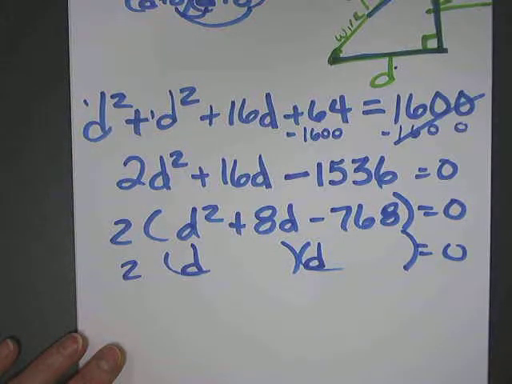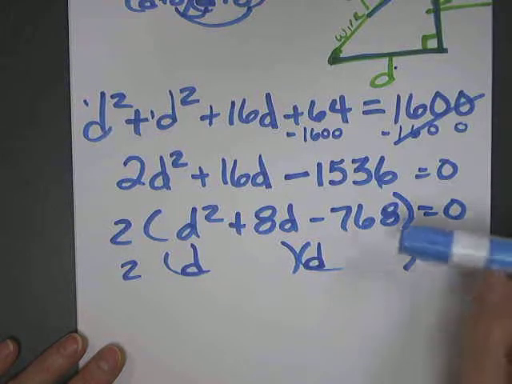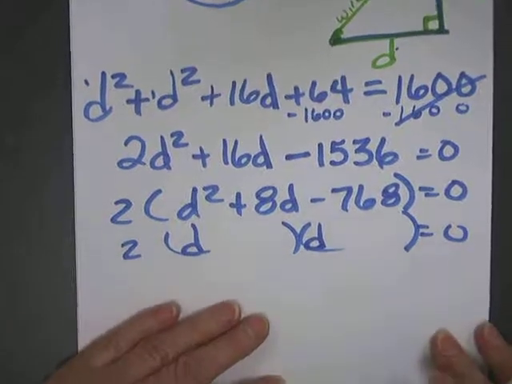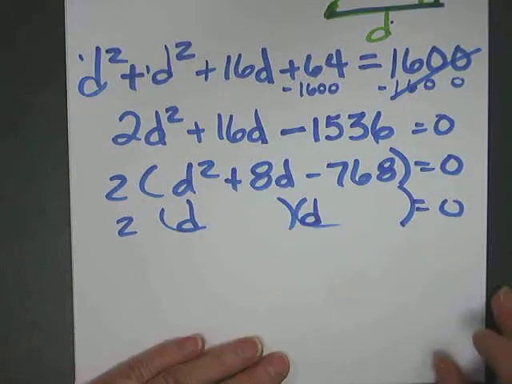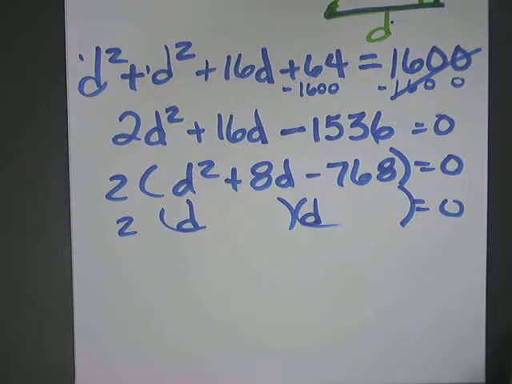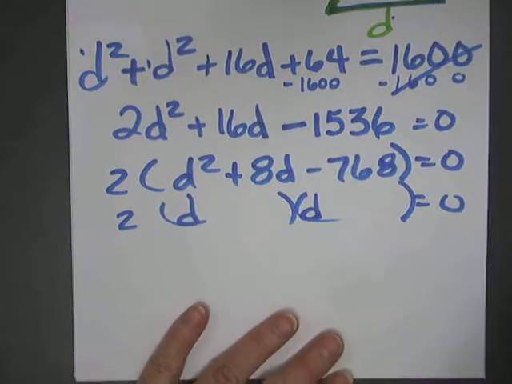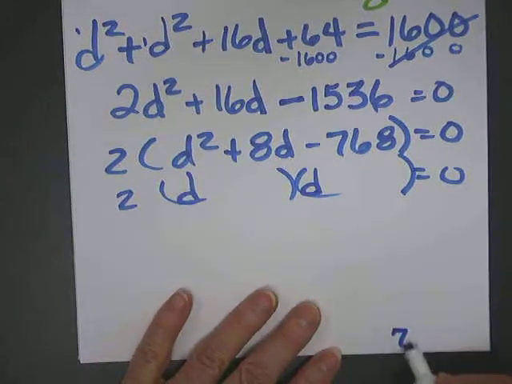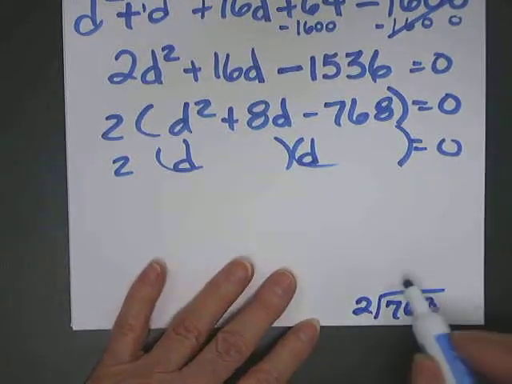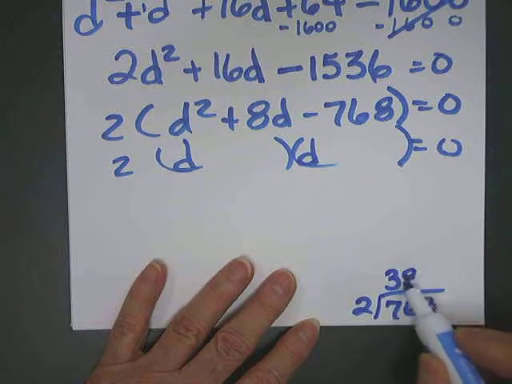We want it equal to 0, so let's go ahead and do that. Minus 1536. Yes? Okay. Let's divide everything by 2. So divide that by 2 real quick while it's still in there. 768.